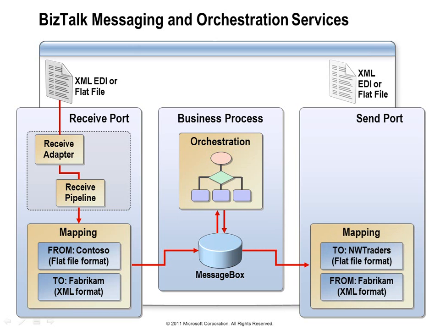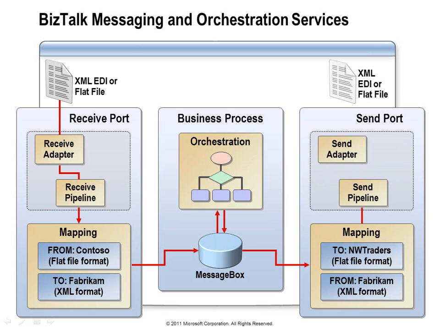And it's the responsibility of the send pipeline to convert that XML data into the actual flat file that Northwind Traders expects to receive. And those bytes will be passed to a send adapter component that is responsible for handling the communication with the destination system at Northwind Traders.